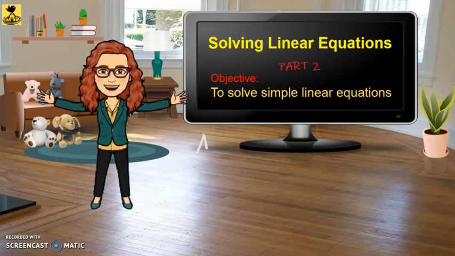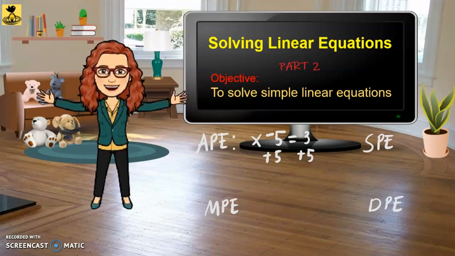The addition property of equality, subtraction property of equality, multiplication property of equality, and division property of equality. So here, if we have x minus 5 equals 3, since this is minus, we add both sides of the equation by 5.